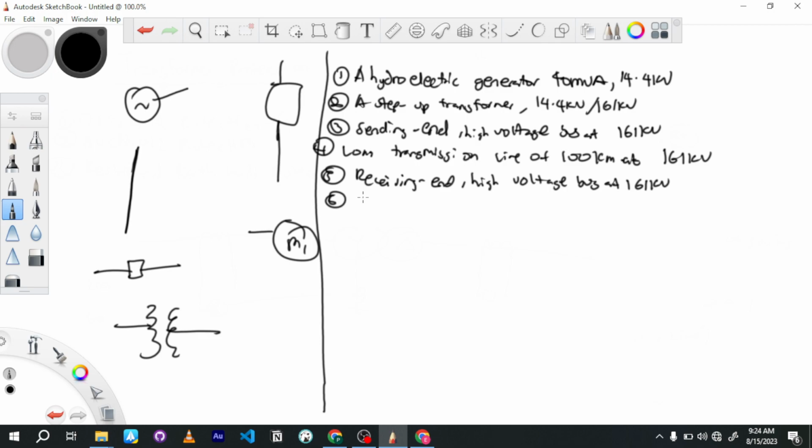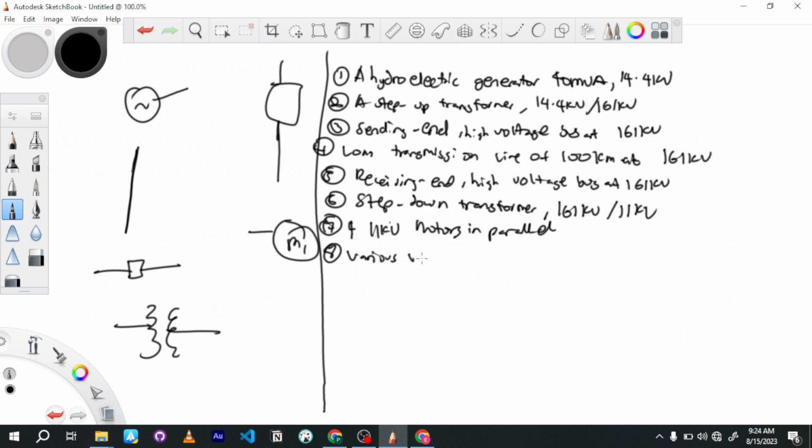And then finally we have four 11 kilovolt motors in parallel. And then finally we have various loads at 11 kV in that system.